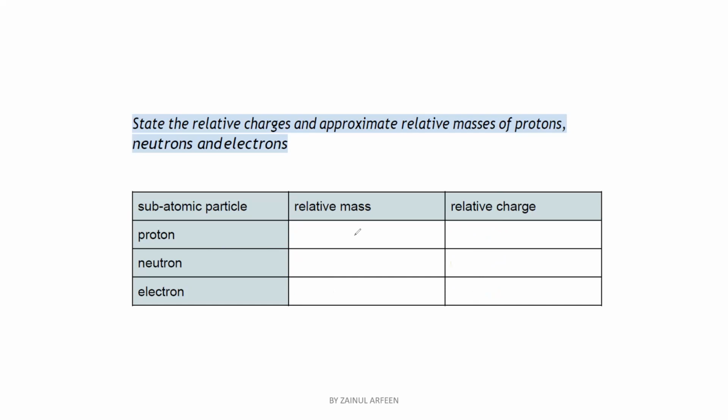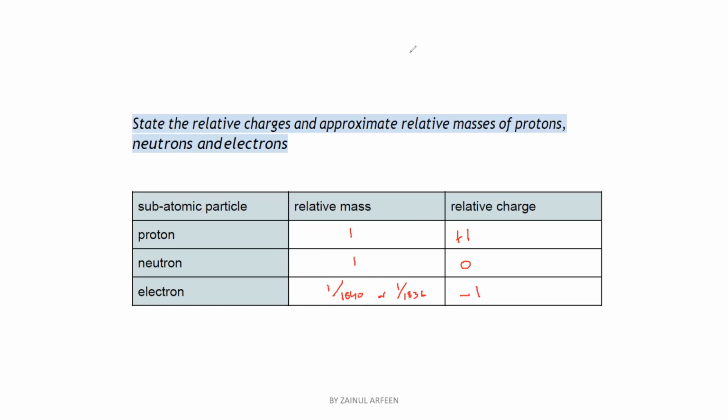So we'll write 1. For neutron, we'll write 1. And for electron, you can write 1 over 1840, or you can write 1 over 1836 or 37. Both are acceptable. And the charges, proton is positive, neutron does not have charge, and electron is negatively charged. So that's why the whole atom is neutral.